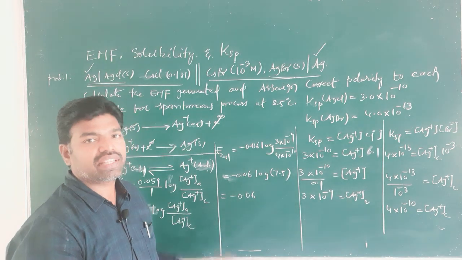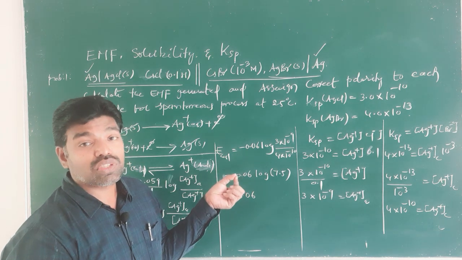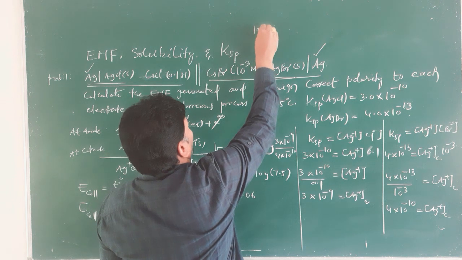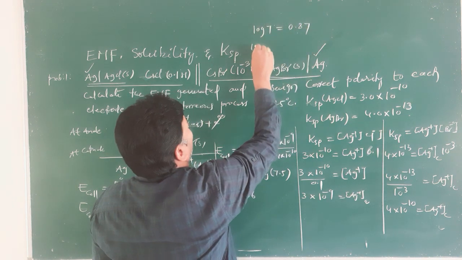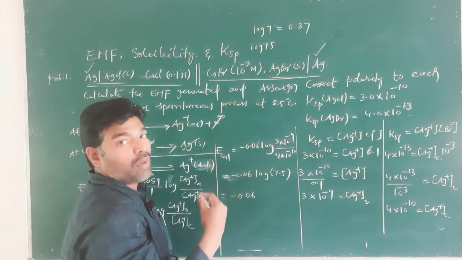How can we get the log 7.5 value without using logarithm book? We know that log 7 value is 0.84. Okay, then how can we get 7.5, that is an increase of 0.5.